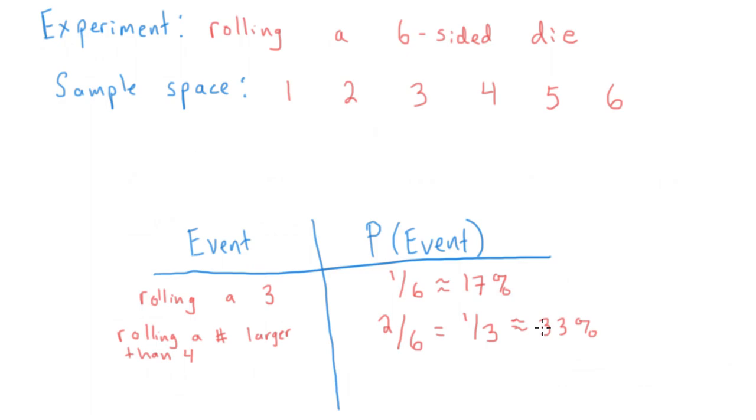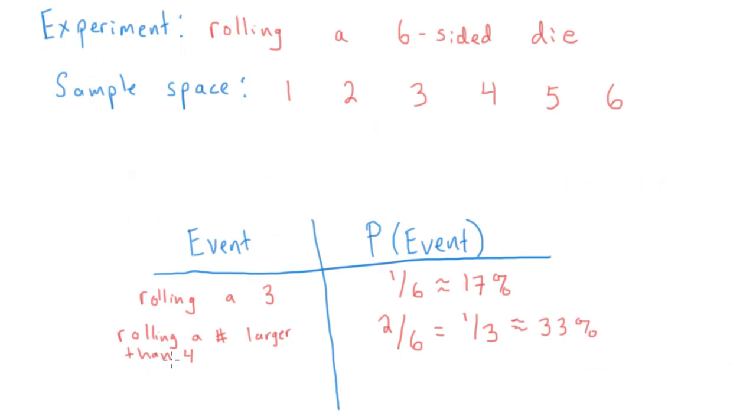What's the probability of rolling a 3? 17%. That's not very high, okay? 17% chance of rain. I may or may not bring my umbrella. I probably am not going to bring my umbrella. 33% chance of rain, rolling a number larger than 4. Well, that's a little bit more, right? So we kind of have this sense with percentages of how this works.